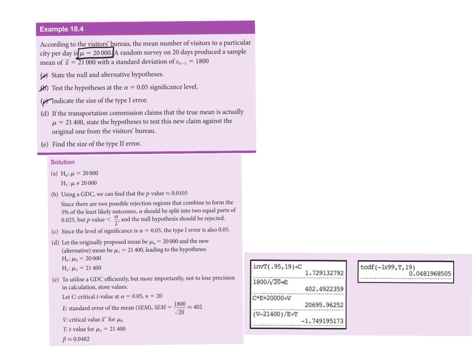According to the graphical presentation, the actual mean value of the transportation commissions is now 21400. That means we may have to accept the null hypothesis, which is 20,000, if the significance level is 0.05.